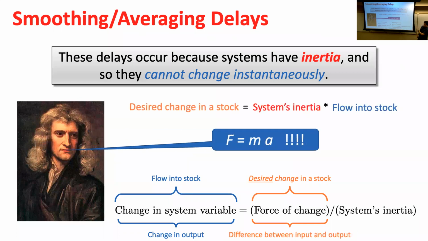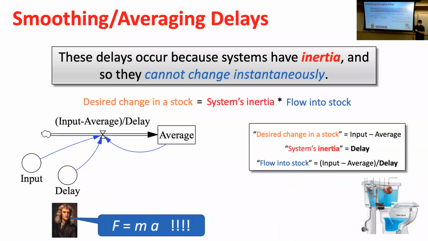So this is all I'm saying here. It's all F equals MA. That's what the toilet model system is. When we think about people's stubbornness to change, we model it identically to the toilet, where how quickly the valve opens is related to how quickly people can change their mind.